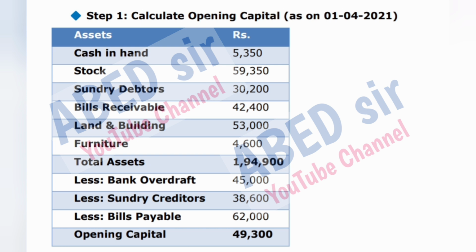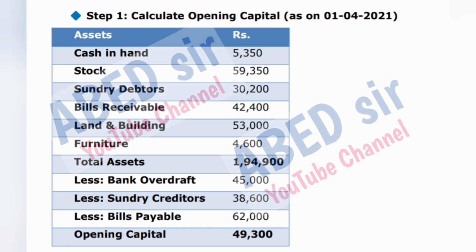Assets, rupees. Cash in hand 5,350. Stock 59,350. Sundry debtors 30,200. Bills receivable 42,400. Land and building 53,000. Furniture 4,600.